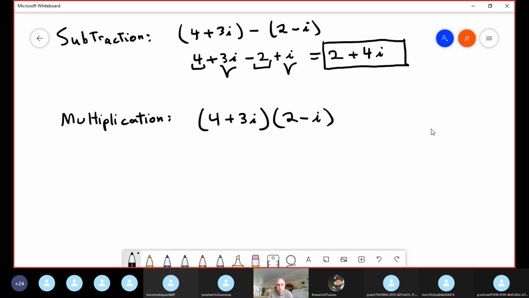I enclose every complex number in between parentheses and don't see any arithmetic symbol in between, but you suppose by default that multiplication is times, invisible period, right? So you consider this like a binomial, real part, imaginary part, and you FOIL it. You multiply 4 times 2 is 8.